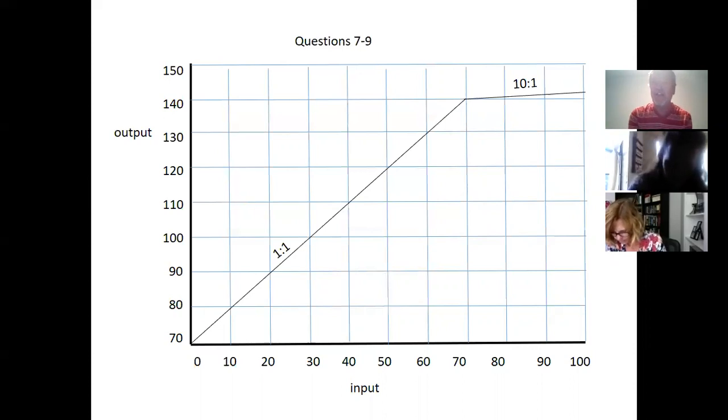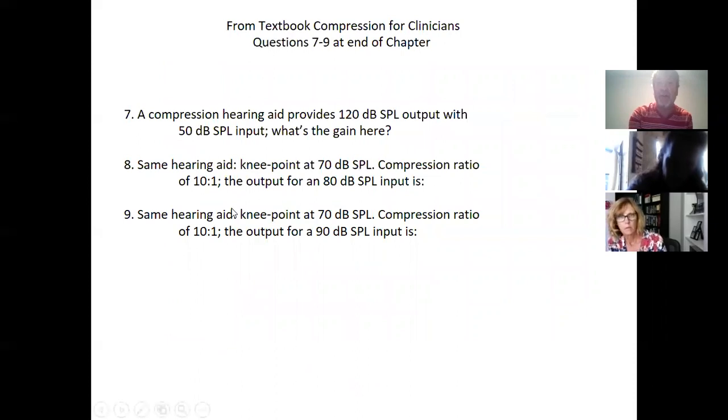Because we said that the knee point's at 70, right? So let's go here, question 8 says the knee point's at 70. So you know the gain is linear for 0 inputs, 10 inputs, 20, 30, 40, 50, 60, 70. The gain is a 45-degree angle line. It's linear, tit for tat, linear, linear, linear. Everything below 70, so it means your 45-degree angle line is going to be long.